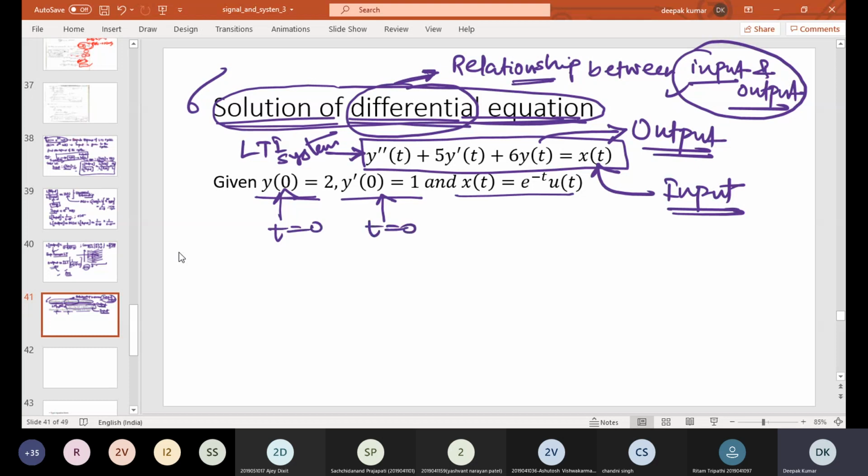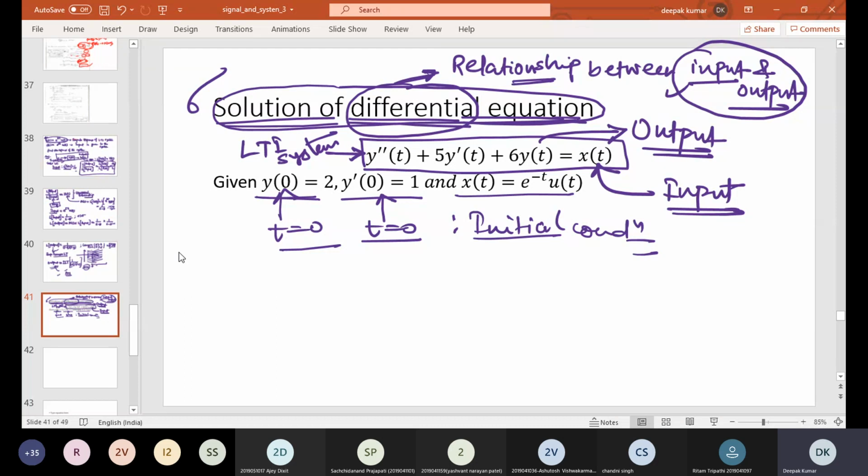These are called initial conditions. These initial conditions will be used after 2 or 3 steps.